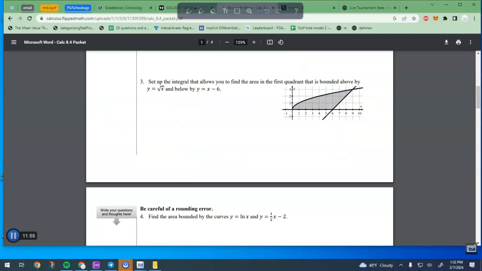I'm just gonna make up a similar one. Let's say this is A, this is B, this is C, this is x equals 0, that's x equals 1, and that's x equals 2. Set up the integral or integrals that would find that area.